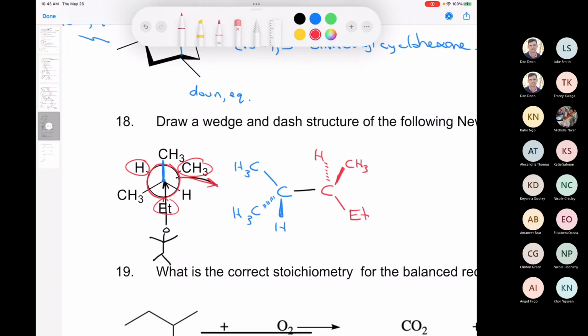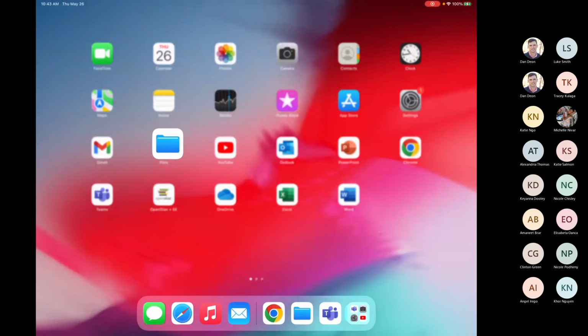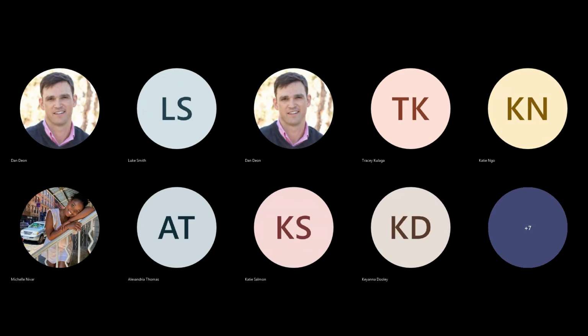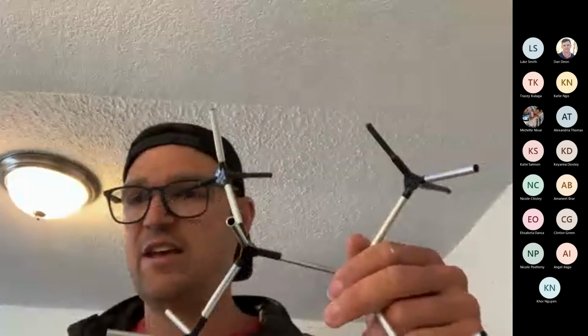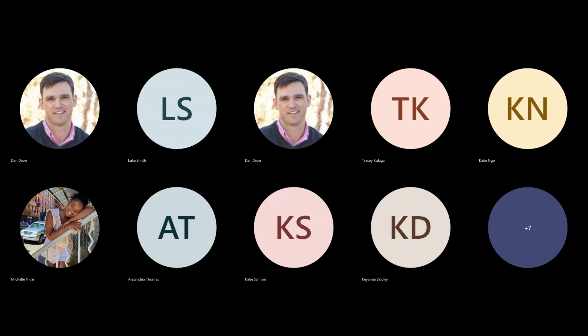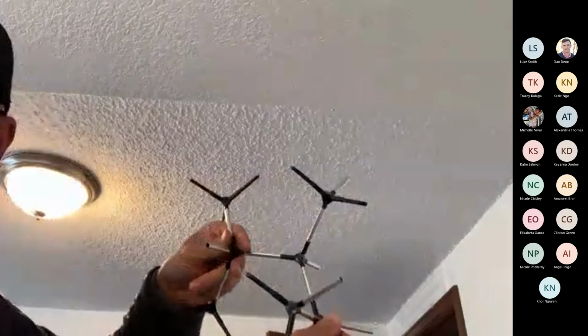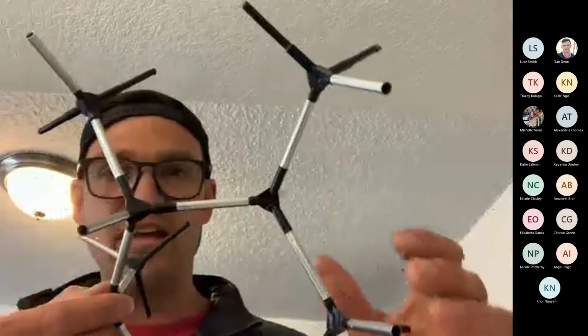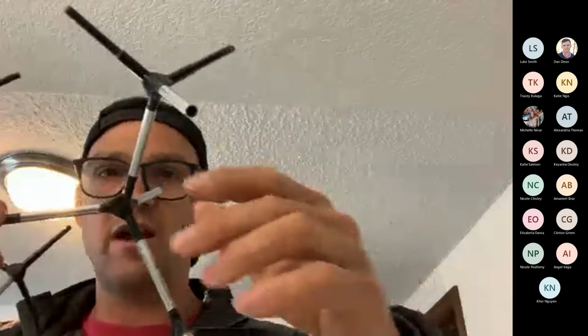Let's see here. So I've got the methyl group like this. It's kind of hard for me to show you the model of this because it's going to look slightly different, but I'll show you the premise. The main idea is here. So here's the molecule. I kind of have to turn it around for you, like this. But the bottom line is that here's the carbon-carbon bond.